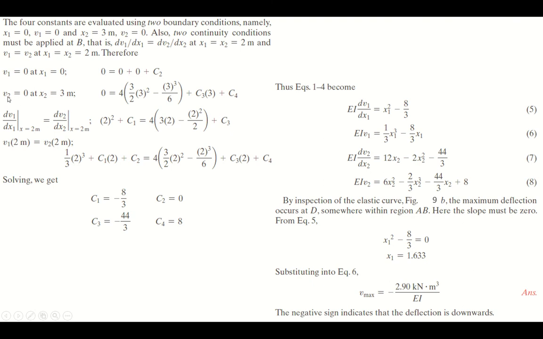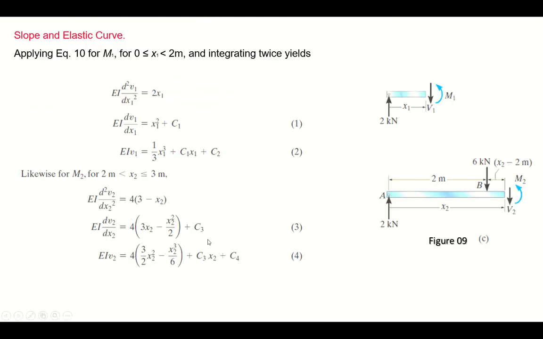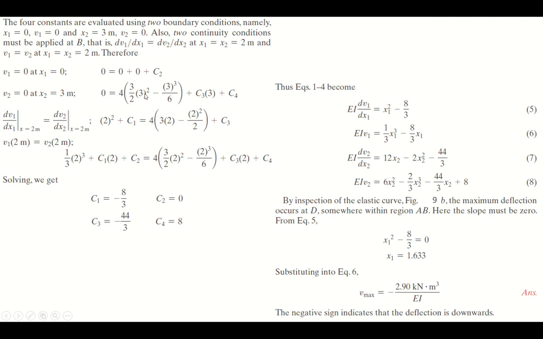Another boundary condition is that mu2 is equal to 0 at x2 equal to 3. So if you put it in equation 4, it turns out to be like this. Now another condition, the continuity condition, is about the slope at 2 meter.